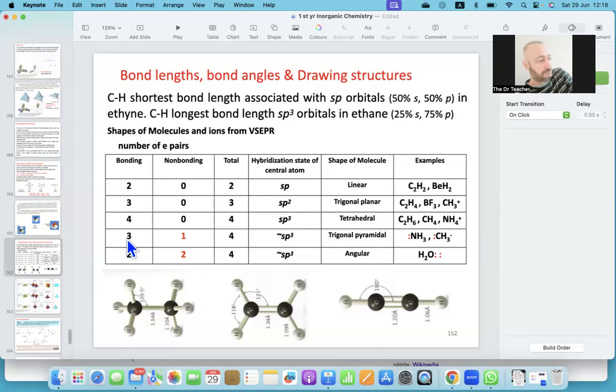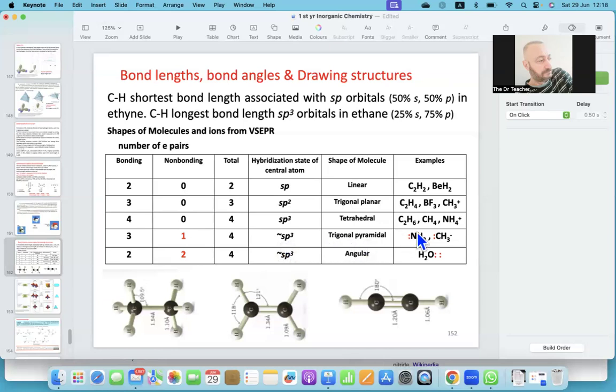Bonding of 3, 1 lone pair non-bonding, a total of 4. We need to add this to the 3 bonding, because the lone pair is positioned as a high electron density, and it will repulse the other 3. So we have to consider the 1 lone pair. So this is approximately sp3.